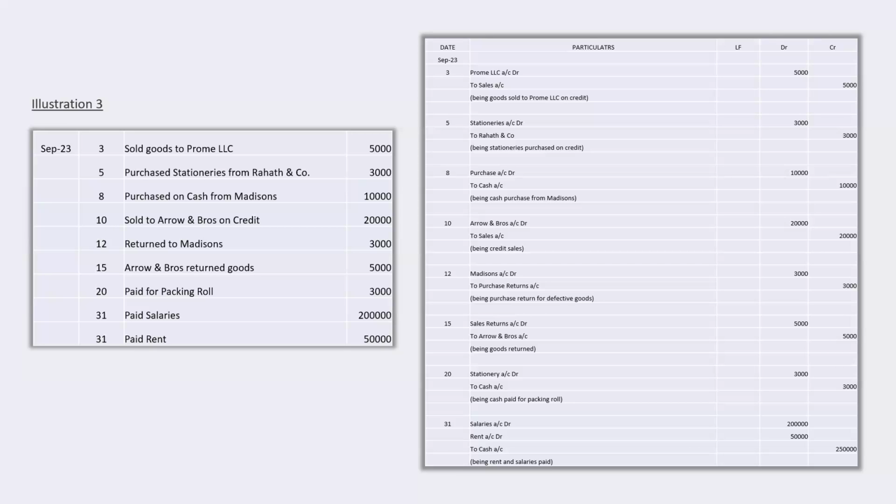Otherwise, for all other transactions, whether cash or credit, like buying stationery, machinery or furniture for official use, it's always mentioned in its own name. If stationery is purchased, it should be stationeries account debtor. If furniture is purchased, furniture account debtor. If machinery is purchased, machineries account debtor, and not purchase account debtor. Clear? This point is clear?